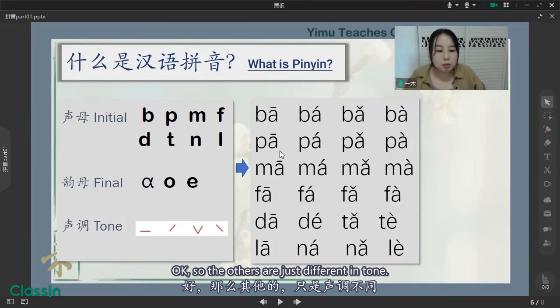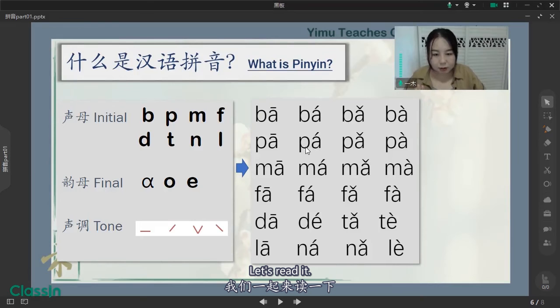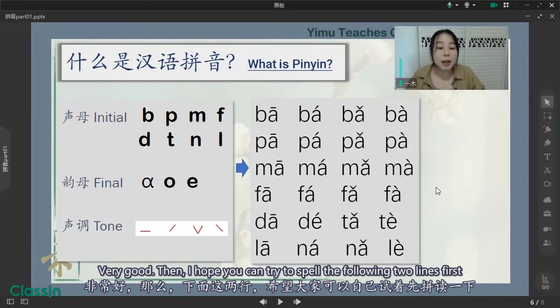Okay, so the others are just different in tones. Let's read it. Pa, pa, pa, pa. Very good. I hope you can try to spell the following 2 lines first.